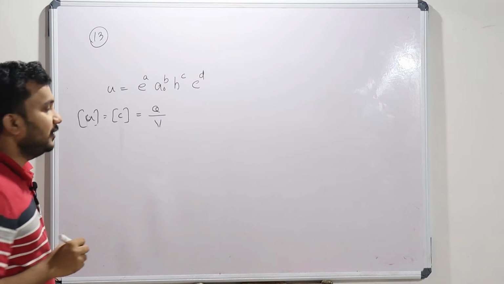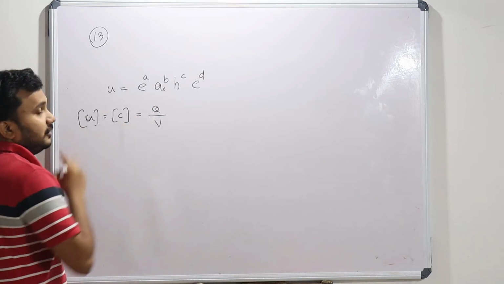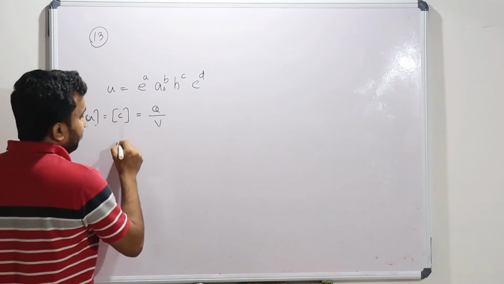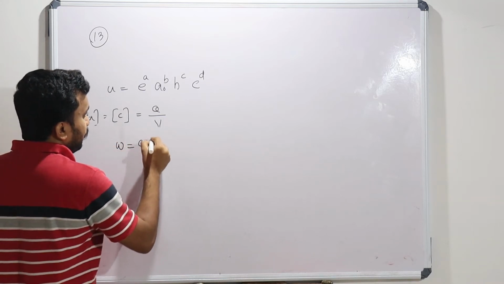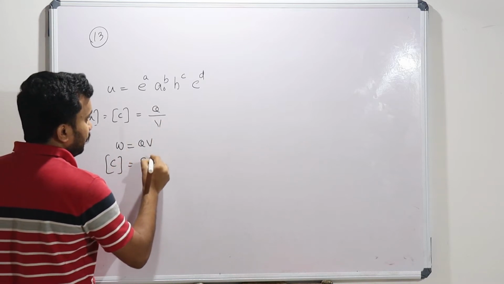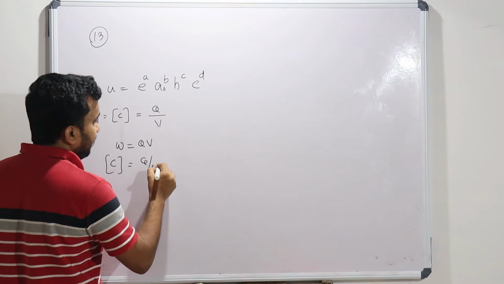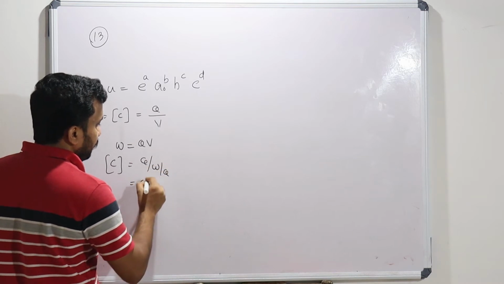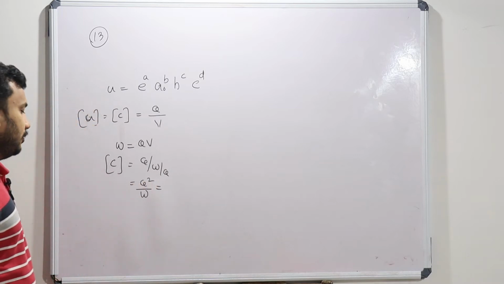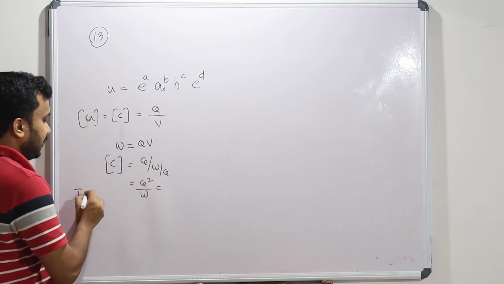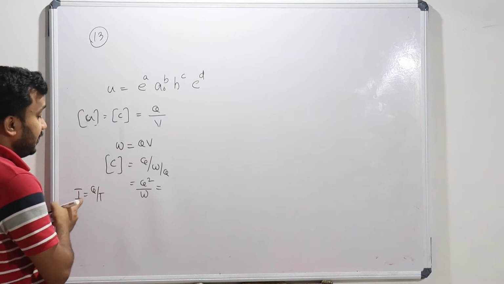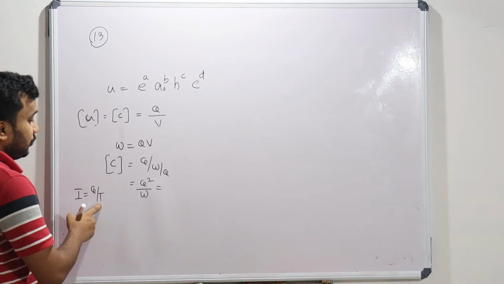This formula you will learn in second year: charge by voltage, Q divided by V. There is another formula, work or energy is equal to QV. Substituting for V, C will be equal to Q divided by V, which means Q by W by Q, so Q square divided by W. For the dimension formula of Q, current is equal to charge by time, so charge equals current into time.